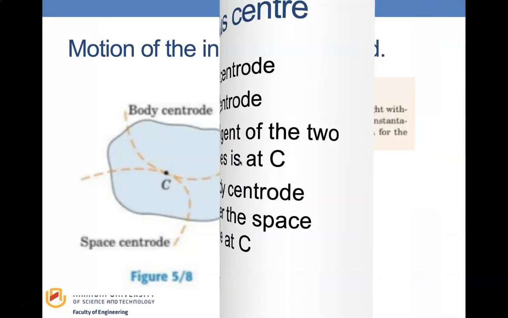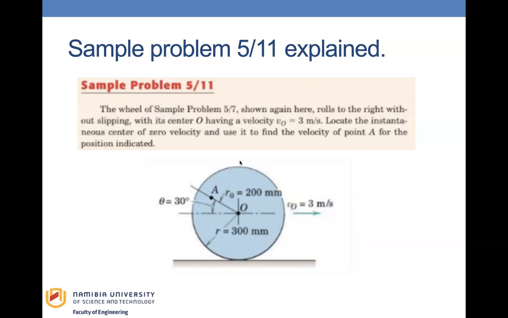Now I will explain the solution of sample problem 5/11 in your textbook. The wheel in this figure rolls to the right without slipping, with its center O having a velocity of 3 meters per second. Locate the instantaneous center of zero velocity and use it to find the velocity of point A for the position indicated.